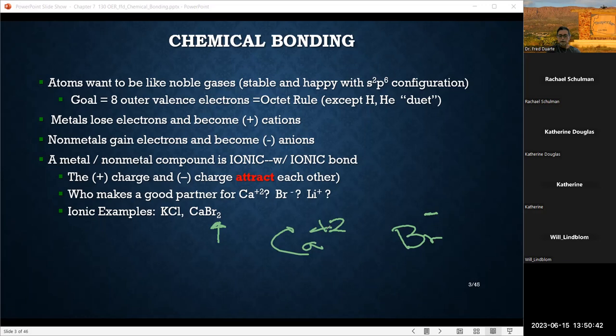Right now, I got a +2 and a -1. Obviously, they're not canceling each other out. So I need to add 2 -1s. Okay? 2 -1s for every +2 of calcium. And this 2 here now becomes the subscript for the formula calcium bromide.